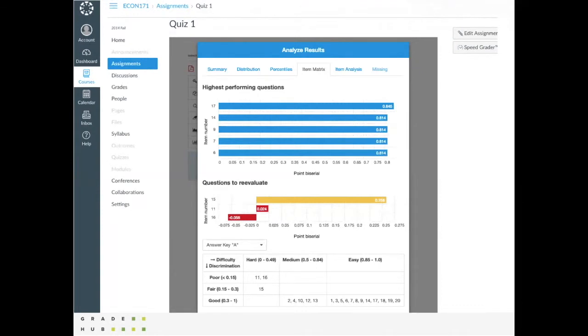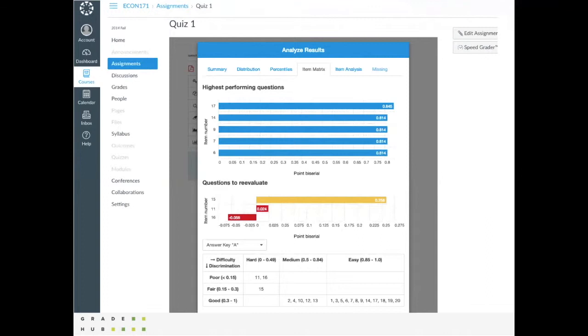And the main statistic that's used in order to quantify an item's ability to discriminate is a point-biserial. A point-biserial is simply a correlation of responses on this item, whether the person got it right or wrong, correlated to their overall test score.